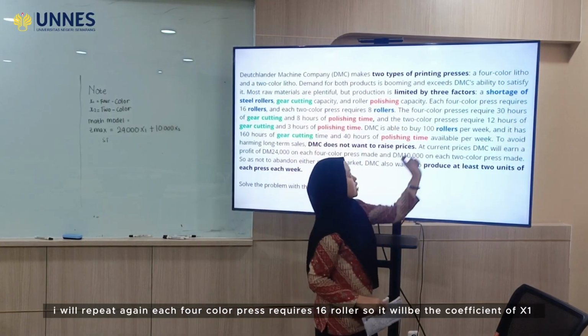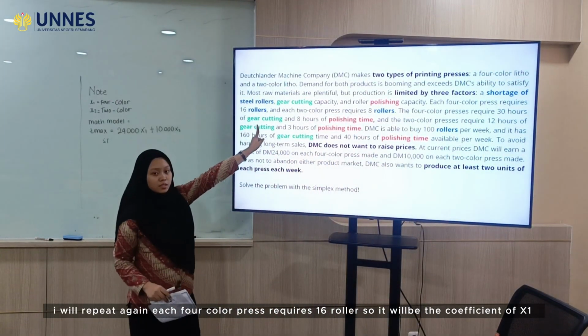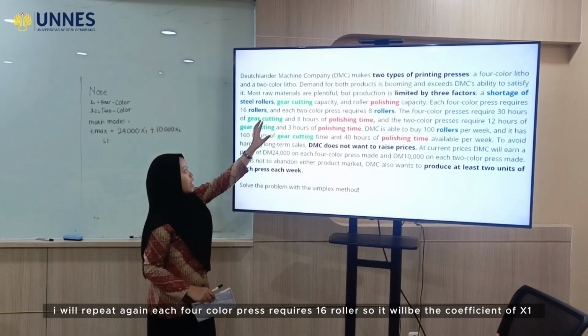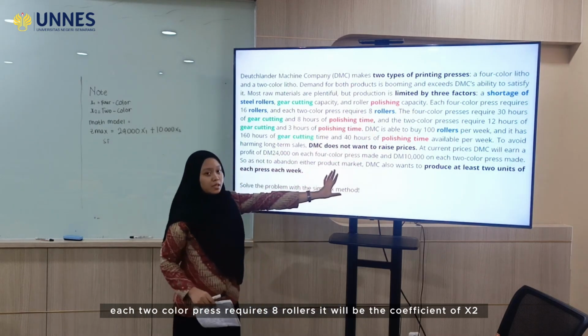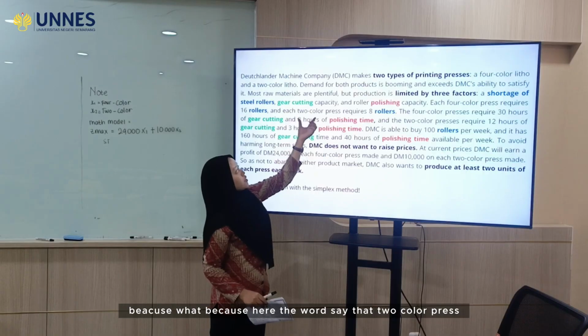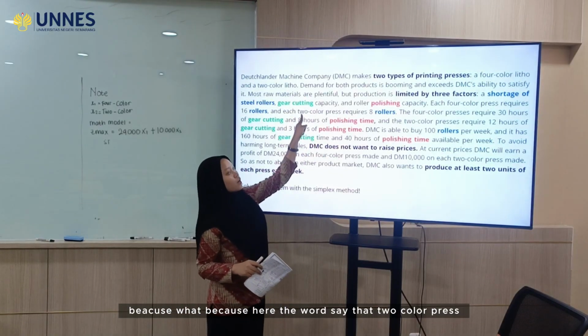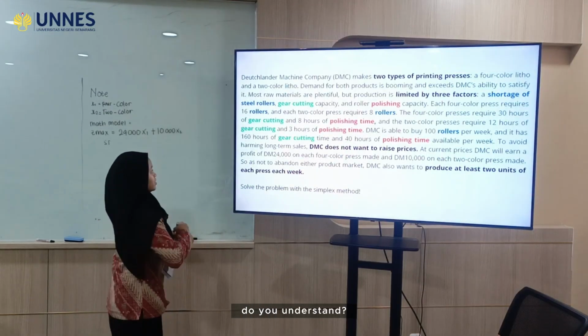I will read again. Each 4-color press requires 16 rollers. So it will be the coefficient of x1. And each 2-color press requires 8 rollers. It will be the coefficient of x2, because here there is the word that says 2-color press. Okay. Do you understand? Okay, good guys.